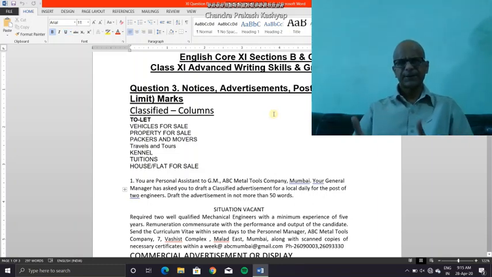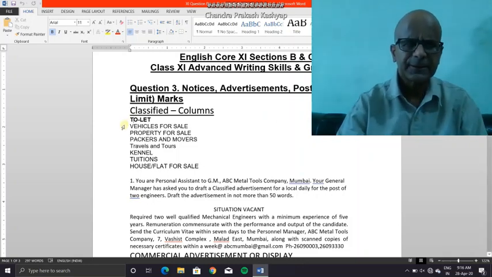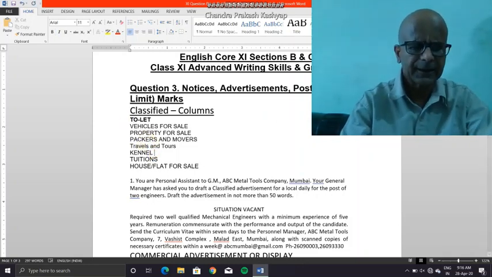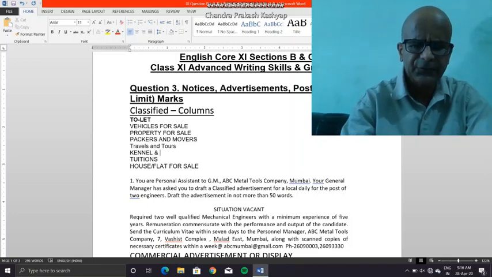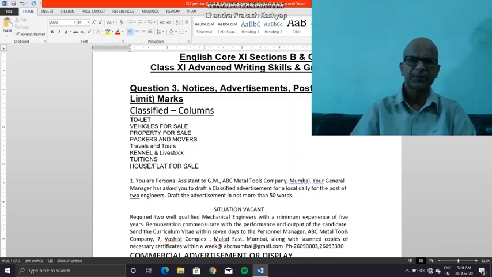So we come back to the fact that these advertisements are classified according to columns. Now these columns are headed differently. For example, you may have come across advertisements headed under the heading "To Let," "Vehicles for Sale," "Property for Sale," "Packers and Movers," "Travels and Tours." "Kennel" and "Livestock" is another kind of head that you must have come across.